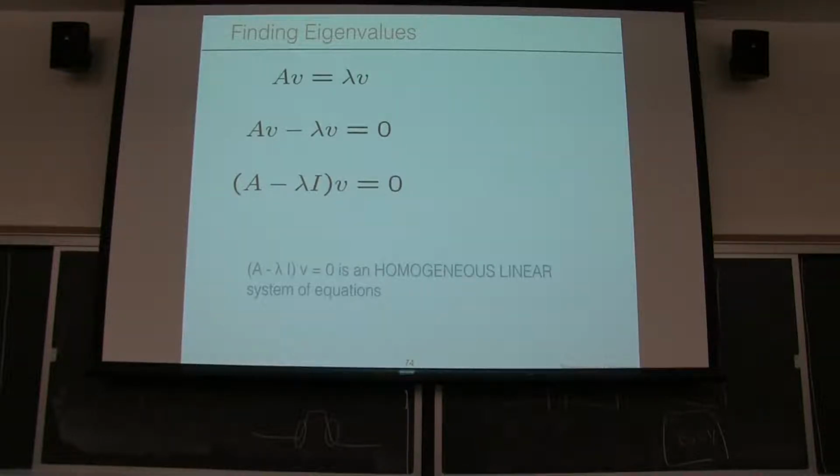Okay, so now I have this equation, a set of linear homogeneous equations where A is known, and lambda is not known, and V is not known, and I want the non-trivial solution. And if I want a non-trivial solution, the determinant of the system has to be equal to 0.